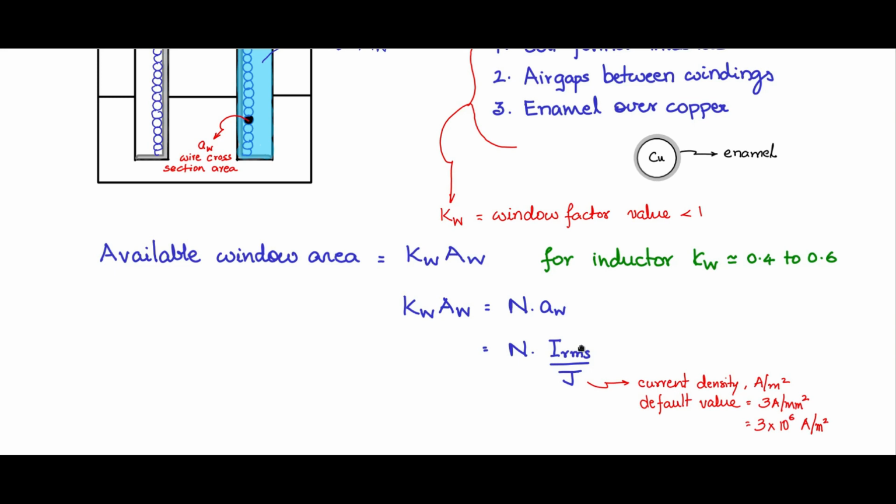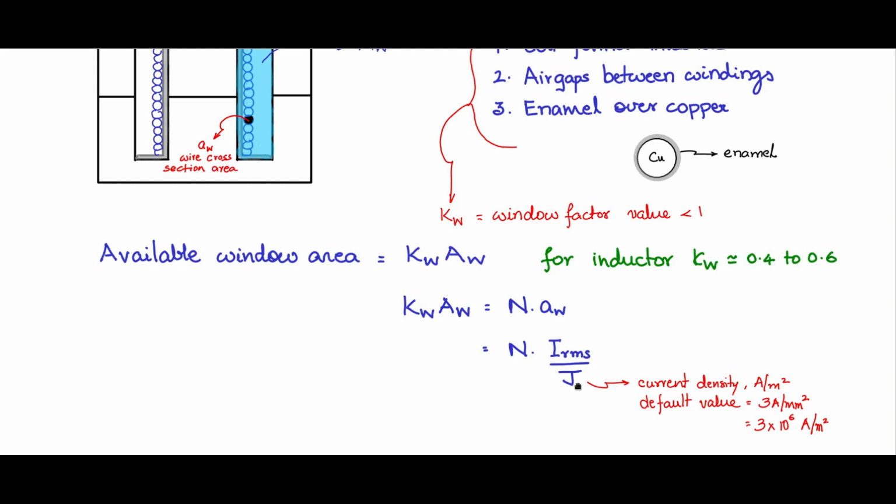So the units of Kw Aw will become meter square. This is the starting value, the default value.